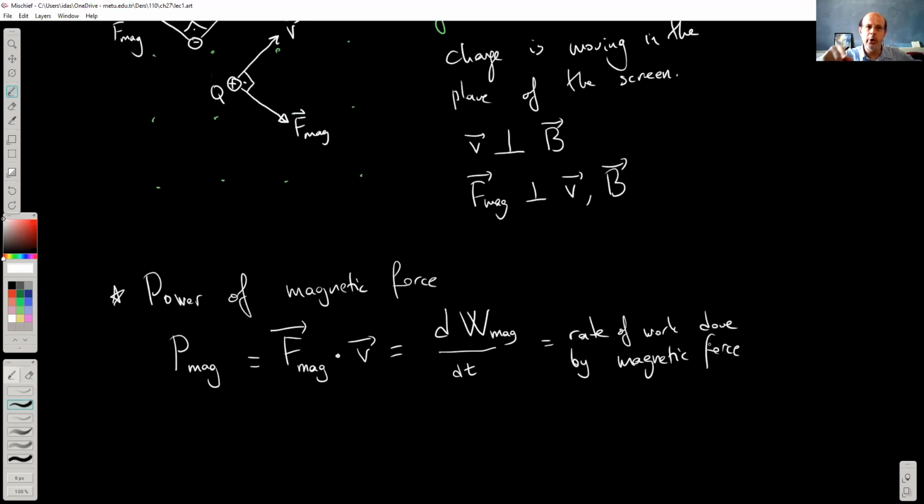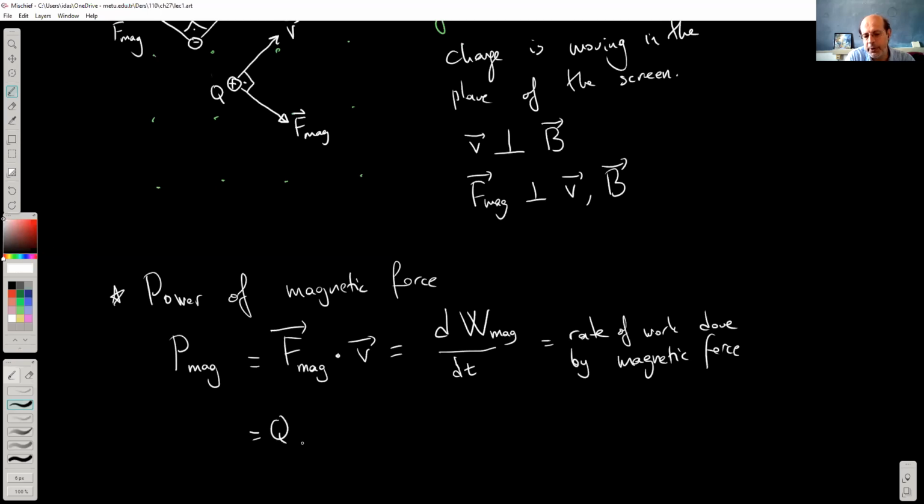It's the work done per unit time, right? You can understand it like that. We know the expression for the work done, and if I divide by the time interval, the displacement divided by the time gives us the velocity. So the instantaneous power of the magnetic force is given like this.